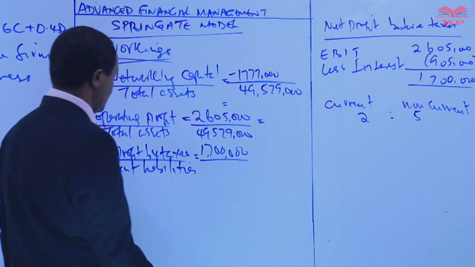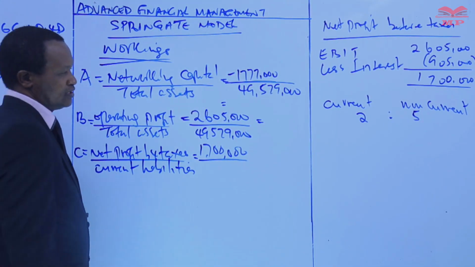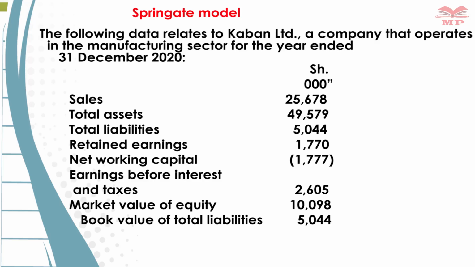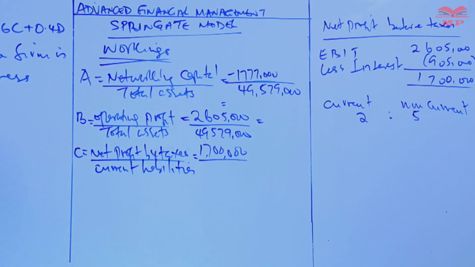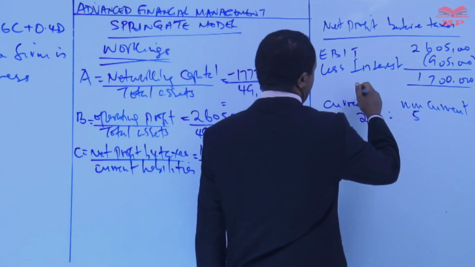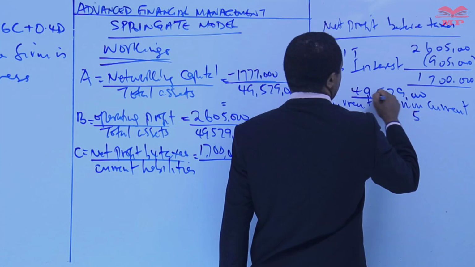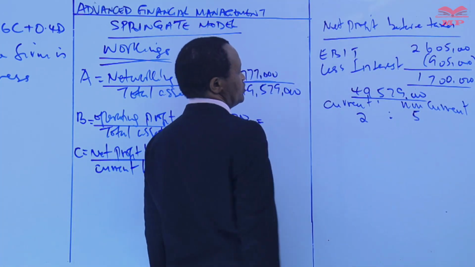Of course, here we need current liabilities. What we have is the total liabilities. The total liabilities is 5044. This is the total and this is the ratio.